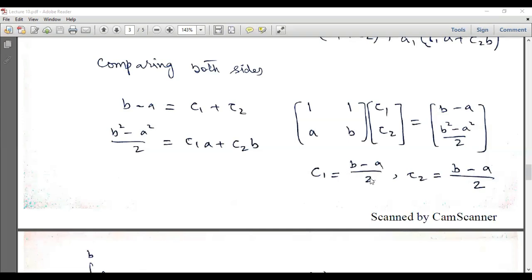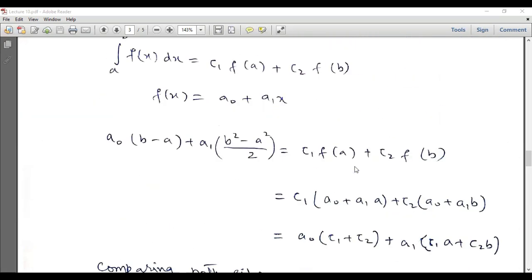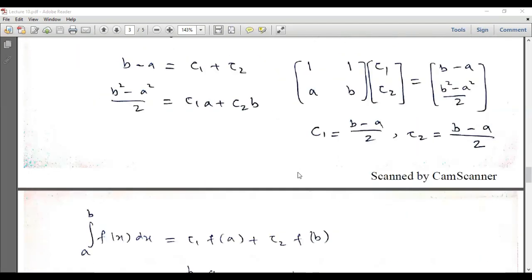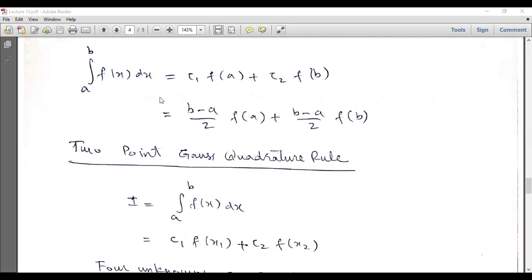So c1 is equal to (b minus a) by 2, and c2 is also equal to (b minus a) by 2. By putting these values in this expression, we can evaluate this integration quite simply. So this integration will be equal to (b minus a) by 2 f(a) plus (b minus a) by 2 f(b).